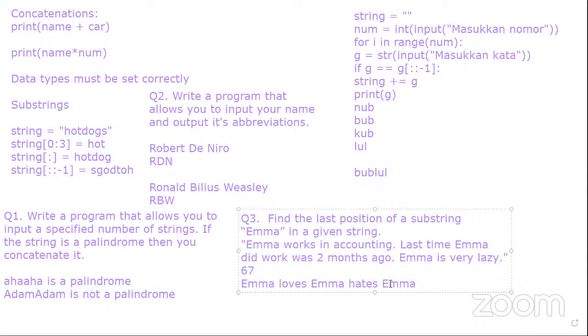And so you just have to find the index position of the first letter of the last occurrence of Emma. So this way it's a lot easier to count what the index position is. As in this case, the index position is 22.